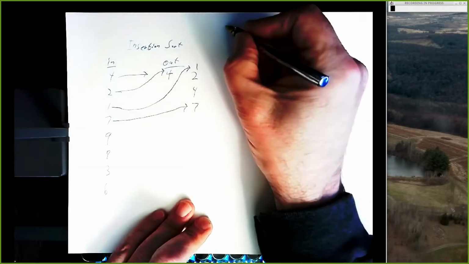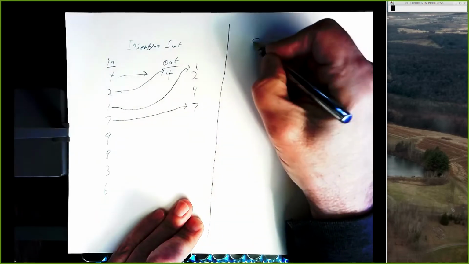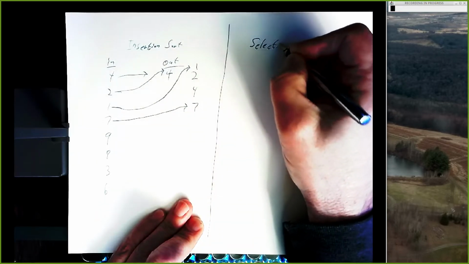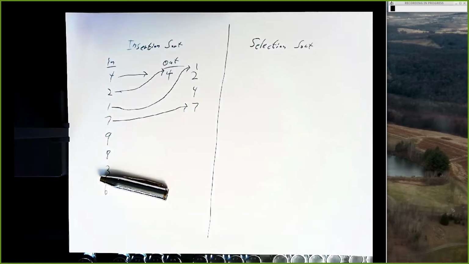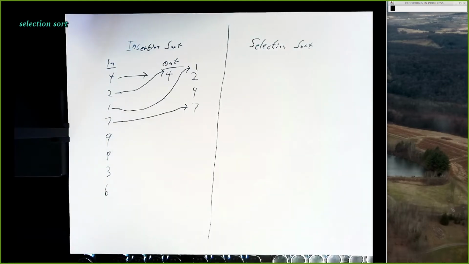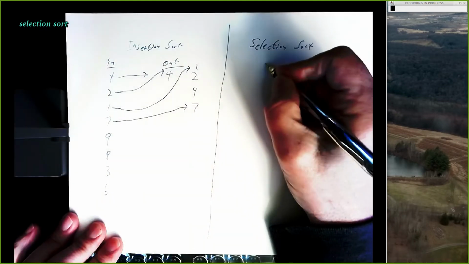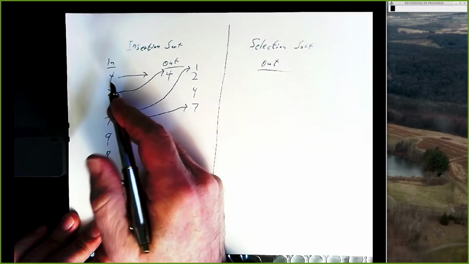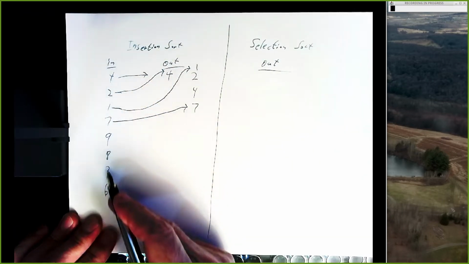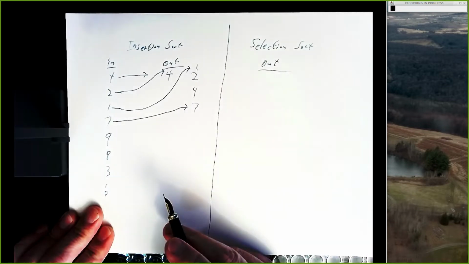And the kind of dual to that is a selection sort. And this is also order n squared. But with a selection sort, what you do is, you're creating an output list. Let's use the same input list. You look through your entire input array and you find the first thing that you want to put into your output.